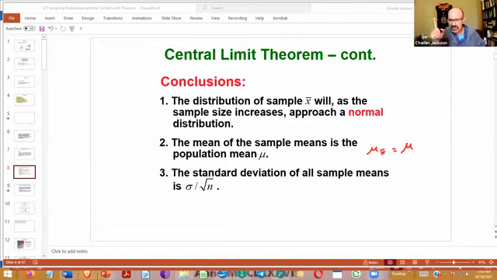But here's the big takeaway, okay? Don't go to sleep now, because here's the big thing. What about the standard deviation of the X bars? Is it the same as the underlying distribution? No, it's less.